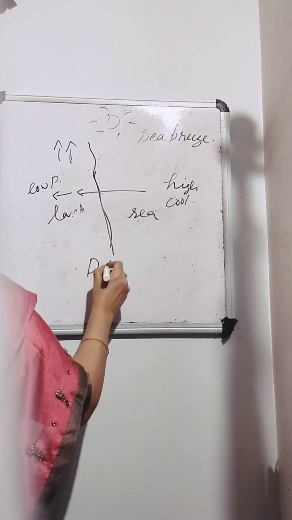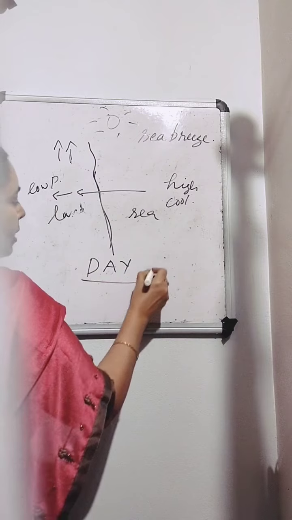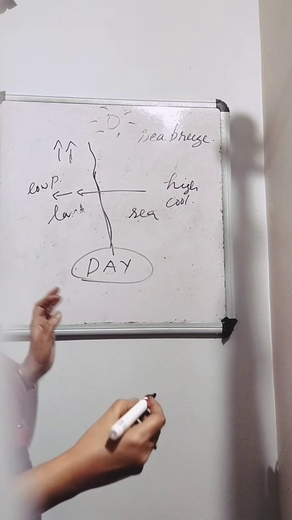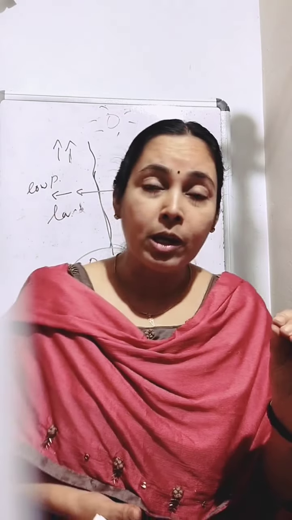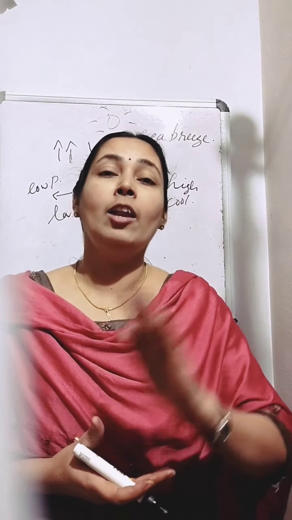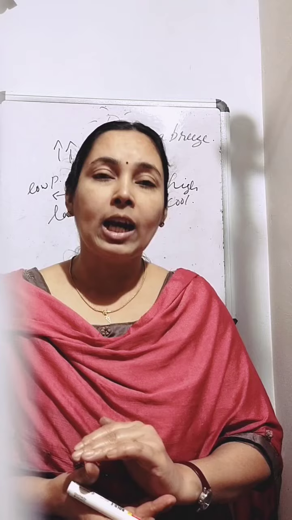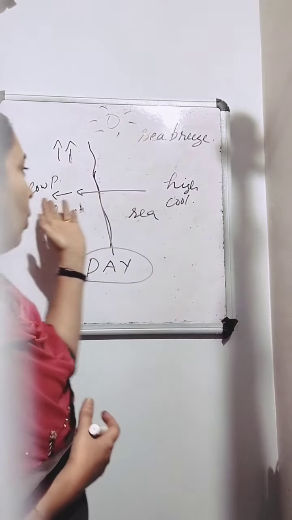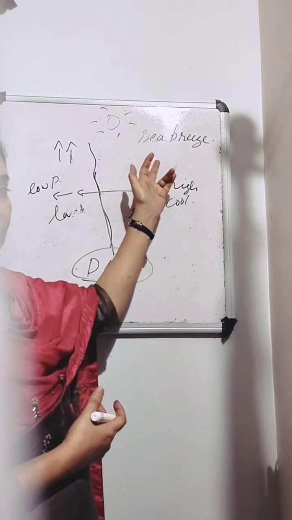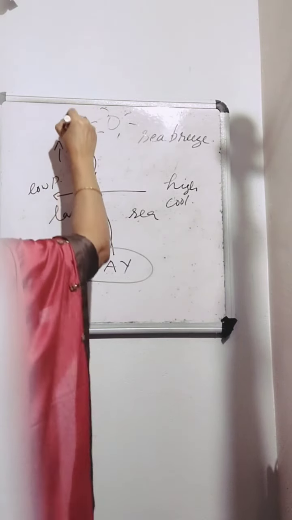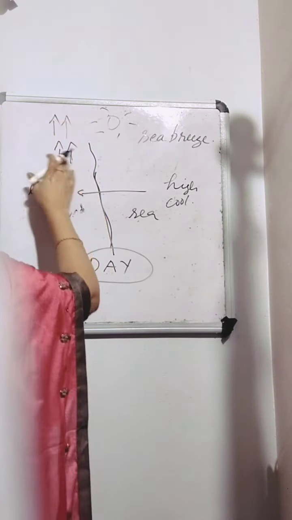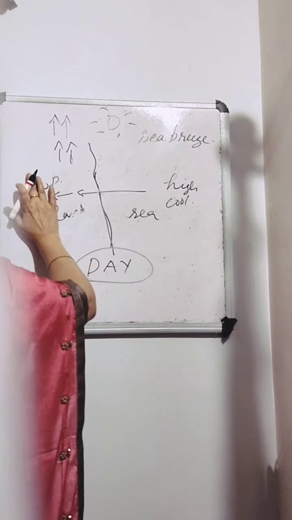And when is it taking place? It is taking place during daytime. So during daytime, what happens? The land becomes hotter faster than water. So the air above land is hotter than the air above sea. And when the air above land becomes hotter, it rises up and creates a low pressure here.